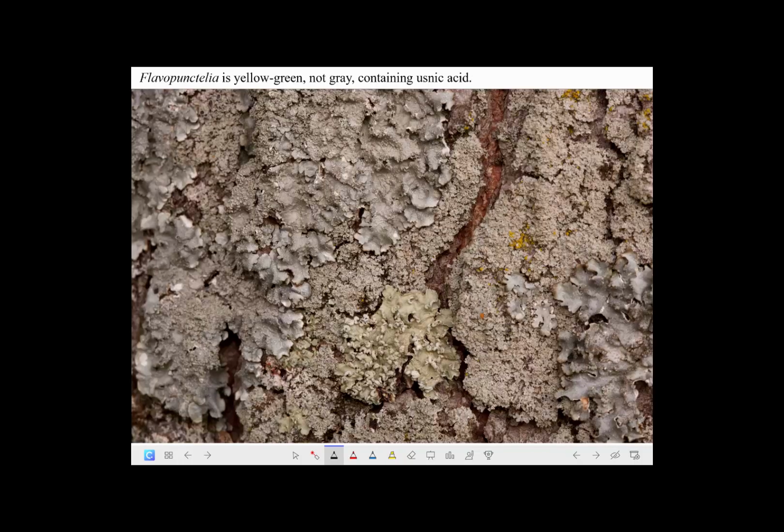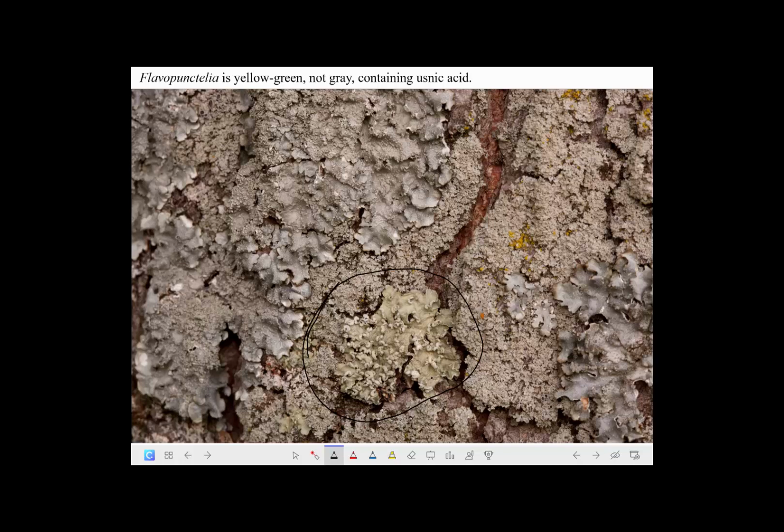The colors of lichens are of importance, and there's a special lichen color. It's a yellowish green. Rather than being gray, this lichen here that I'm drawing a circle around has this yellow-green color. It's not a brilliant yellow or a brilliant green, but it's not a steel gray either. It's caused by a chemical called usnic acid, and some lichens have it, which makes them distinct from others.